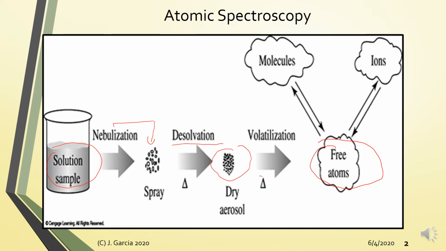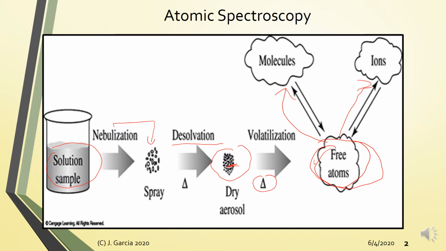And with higher temperature treatment, we would be able to volatilize the analyte in the dry aerosol to become free atoms. Now, as you've learned from atomic spectroscopy, a common interference in this technique would be the conversion of the analyte free atoms into either molecules or ions.